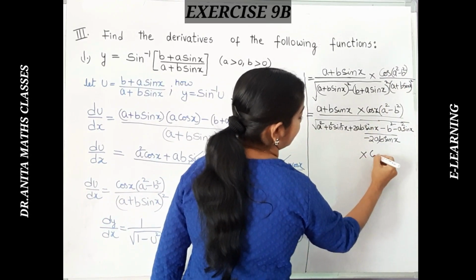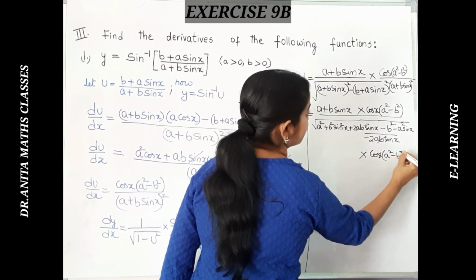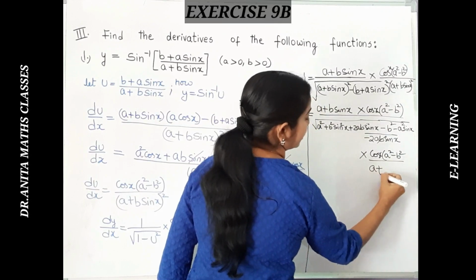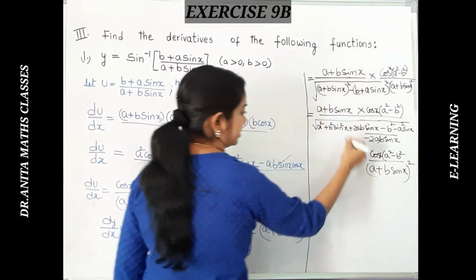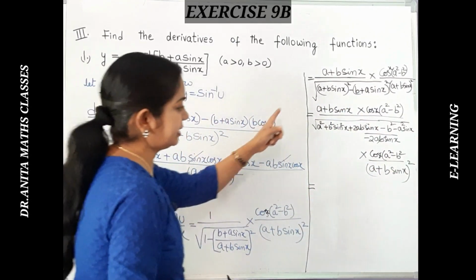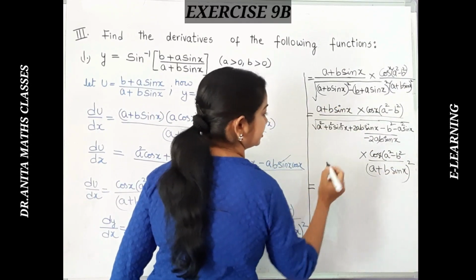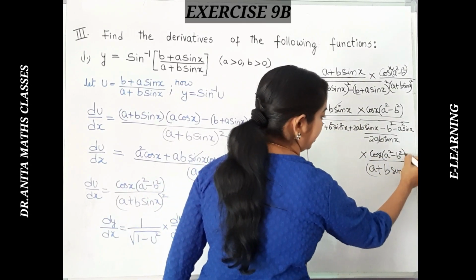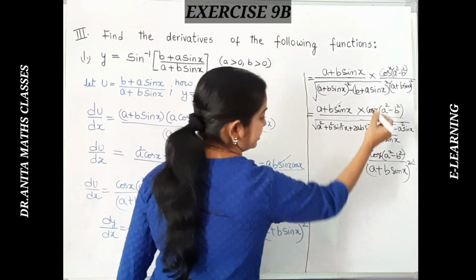I'll write it here, cos x a square minus b square, here also cos x. Okay, so a plus b sin x whole square, this is there. Okay, now moving on here, if you see here, this and this go off, this is 1 and this is 2, you can cancel this once. Okay, so 1 is there, and what else is there here?